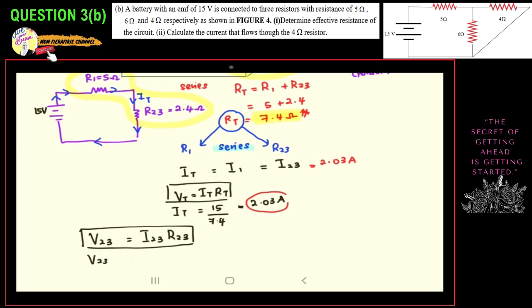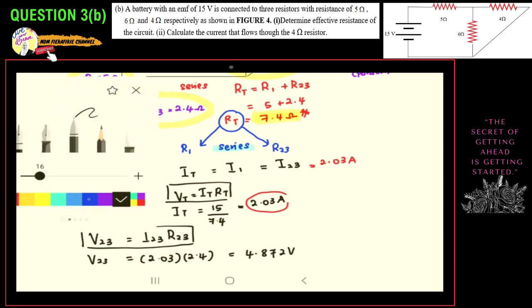Therefore, V23 is 2.03 times 2.4, which is equal to 4.872 volt.